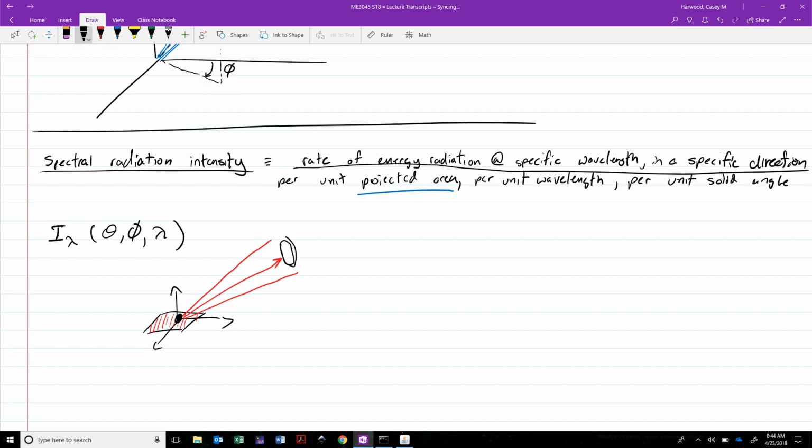And finally, we could add that up. We could count up the total radiation that's leaving. But the way we normalize it is by projected area. And by projected area, I mean that if this object here became the lens of a camera, or an eye looking downward at this surface, what is the actual area that it would see? It's not going to be the square differential area dA1 that actually exists.